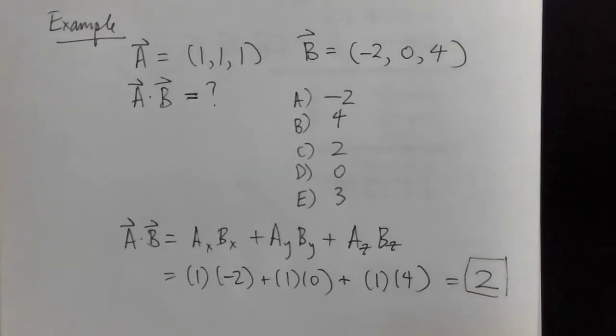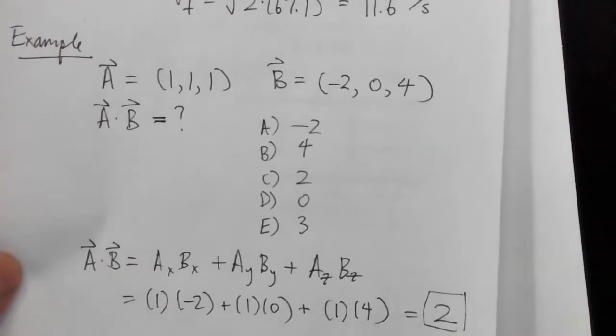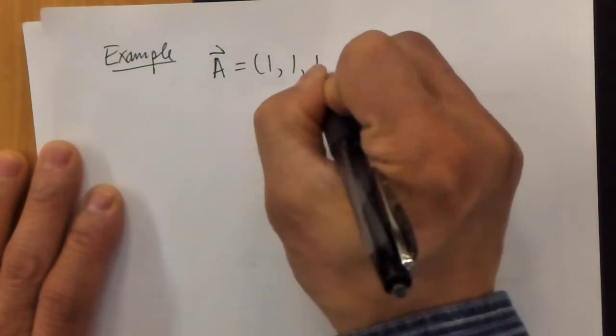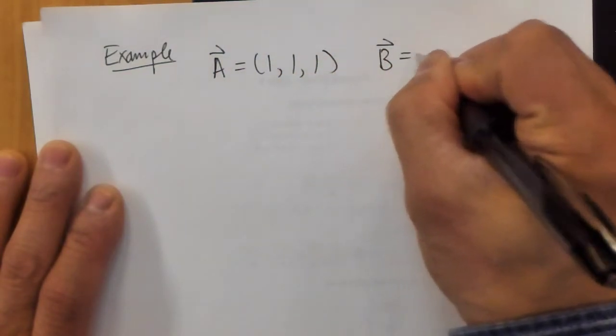The next quicker question will be a little bit more challenging, but not overly so. A is equal to 1, 1, 1. It's the same vectors. I'm not changing anything.